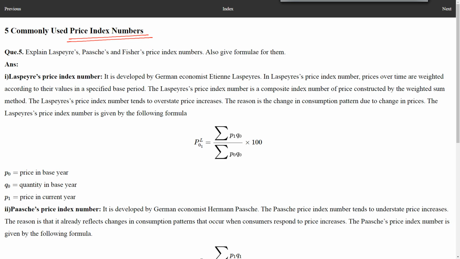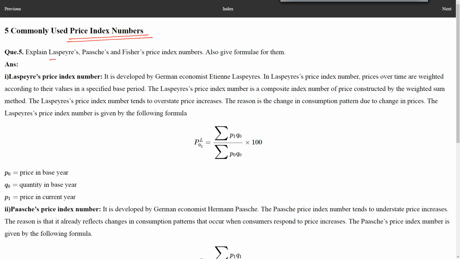We are not going to study other index numbers such as quantity index numbers. There are three standard price index numbers which are commonly used.